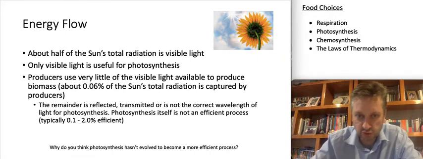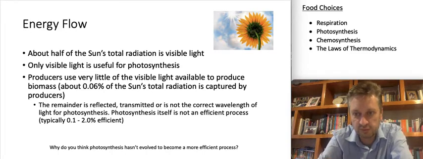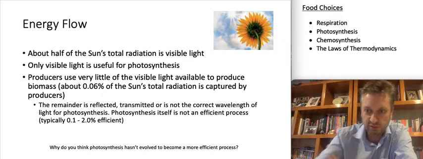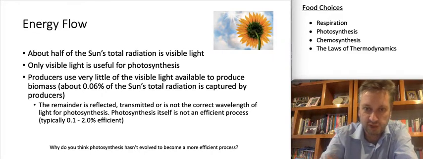So there's two ways in which photosynthesis is not very efficient. One, it doesn't use all of the radiation available from the sun. And two, even then, it only uses certain wavelengths of visible light. It doesn't use green wavelengths, by the way, and that's the reason why photosynthetic organisms are green, because the green light is reflected and not absorbed.